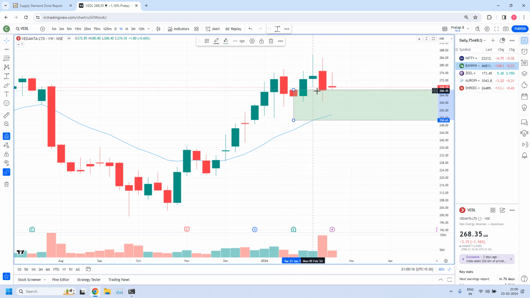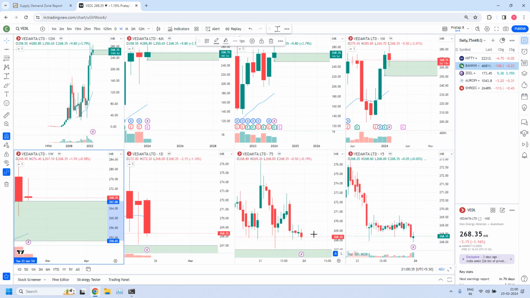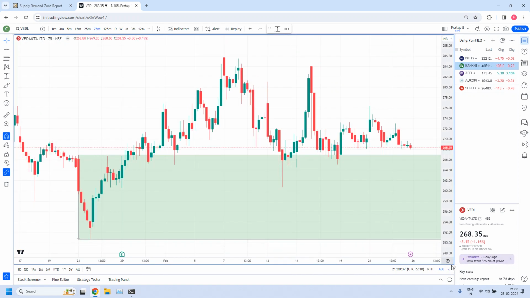That means prices moved in a narrow range and price overextension is completed. At the time as if a new zone is formed, if prices again get into this zone, probably it will give you some opportunity here. If prices come further down, inside you may get a trade. If you go to the lower time frame, that is the daily time frame.